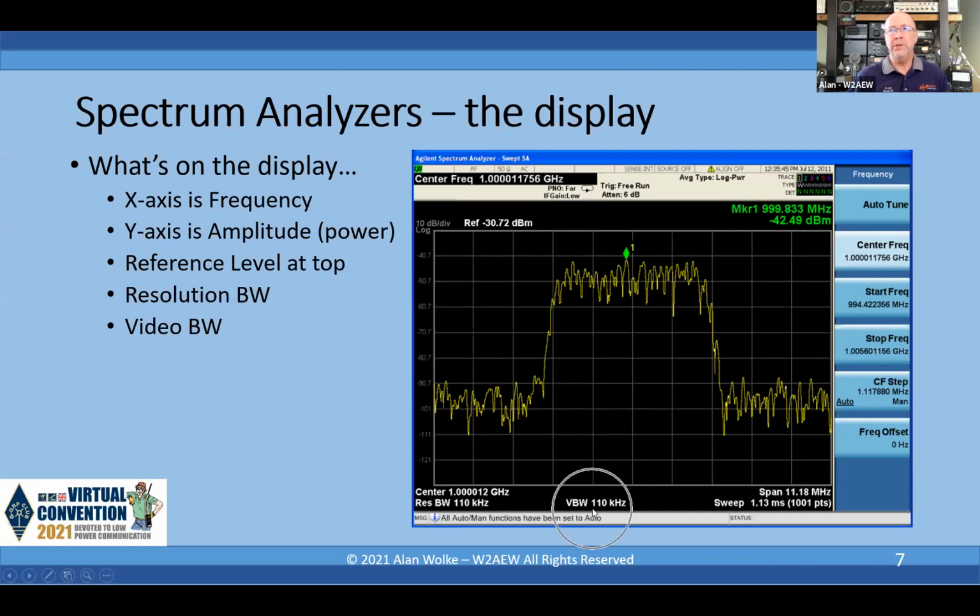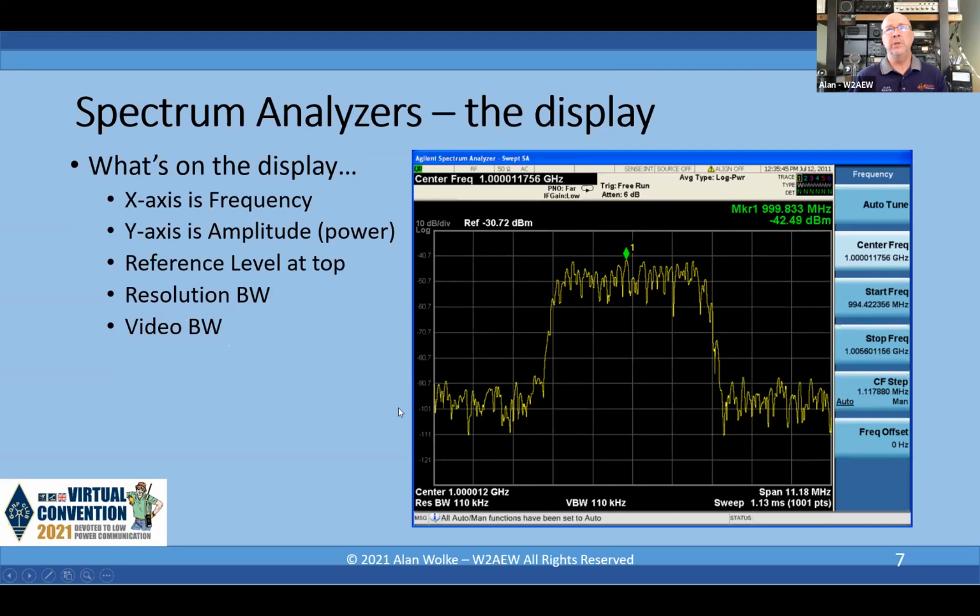Also, we'll see VBW, which stands for video bandwidth. Video bandwidth is the post-detection filter, whereas the resolution bandwidth is the filter that's applied before the signal goes through the detector to detect its amplitude. After the detector, we just have a voltage level that represents the total amount of power detected in the RBW. That can also then be filtered, and that's called the video bandwidth, VBW.